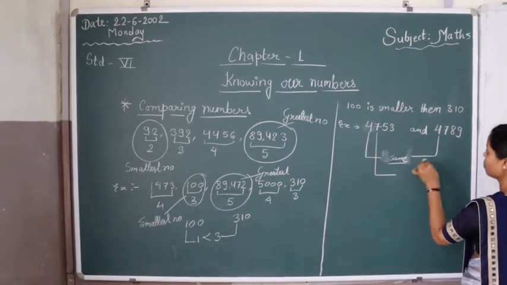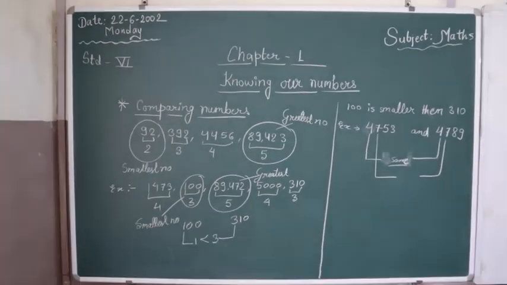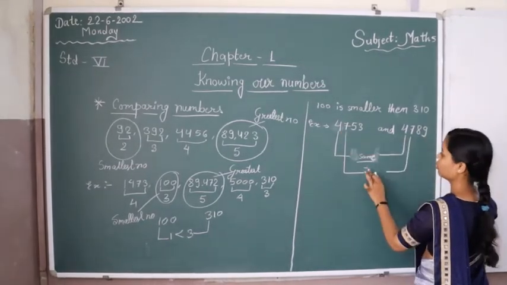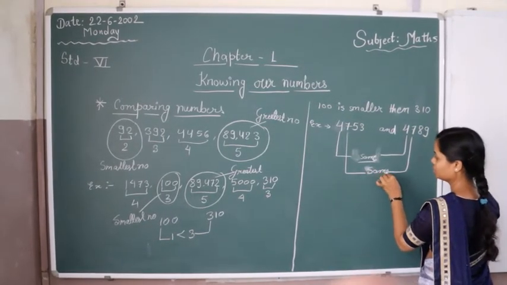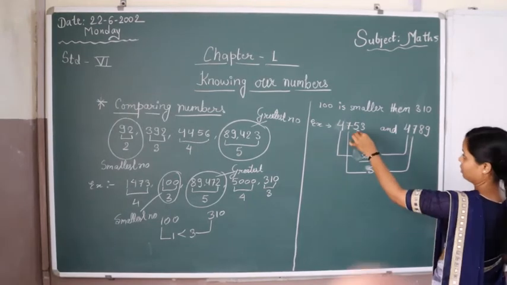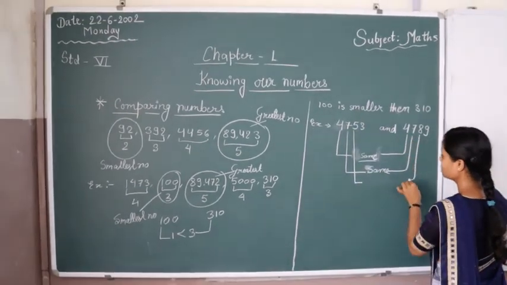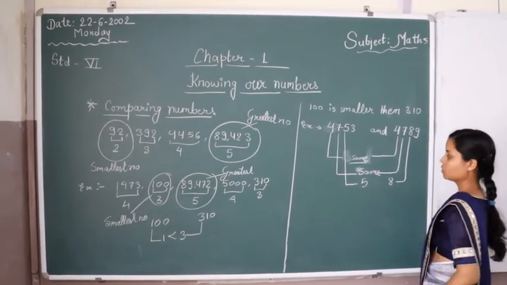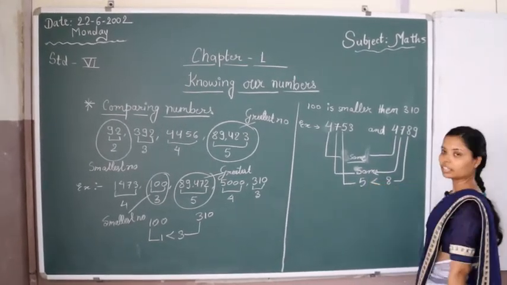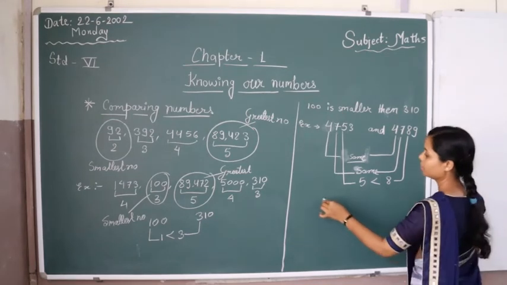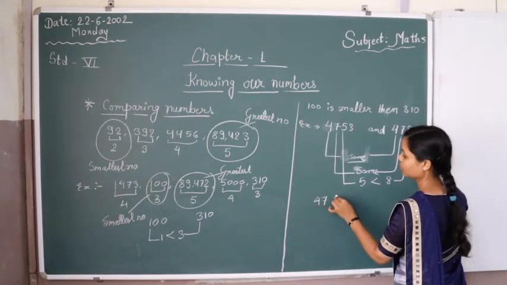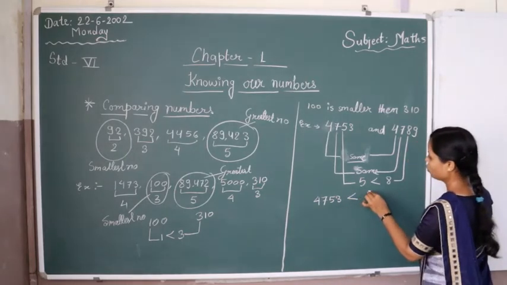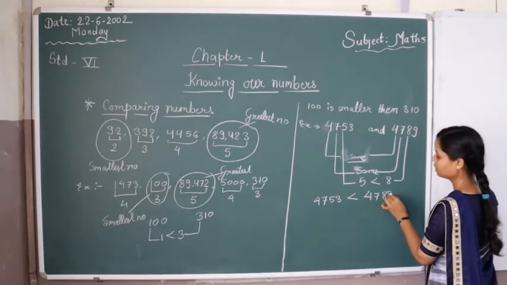In the second digits, 7 and 7 are both the same, so we write here same. In the third digit, 5 and 8, so 5 is less than 8. So finally we can say that 4753 is less than 4789.